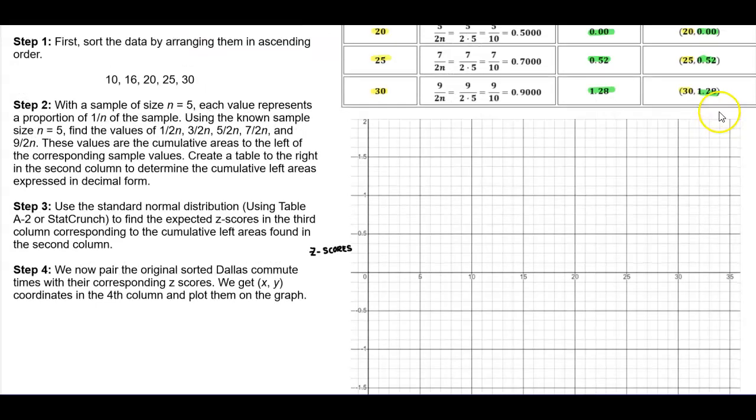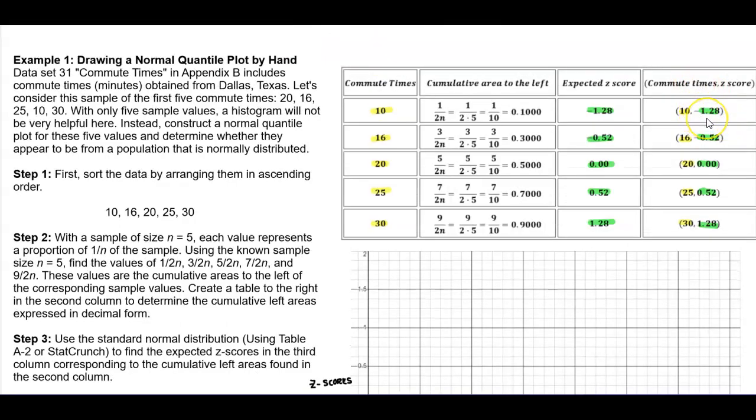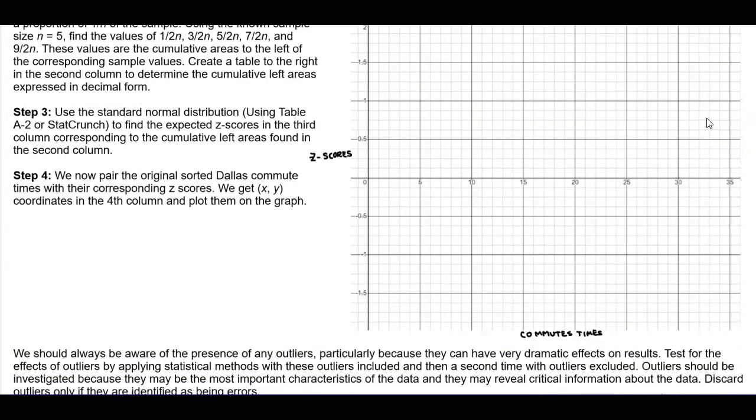Well, the first ordered pair that we have is 10, negative 1.28. So we're going to find 10 on the x-axis and then go down to negative 1.28. So it would be somewhere around here, because that is in between negative 1 and negative 1.5. So therefore this point represents 10 and negative 1.28.